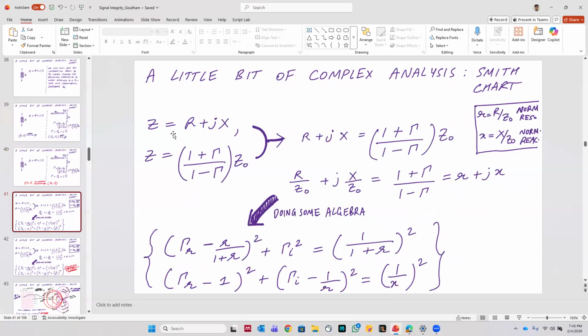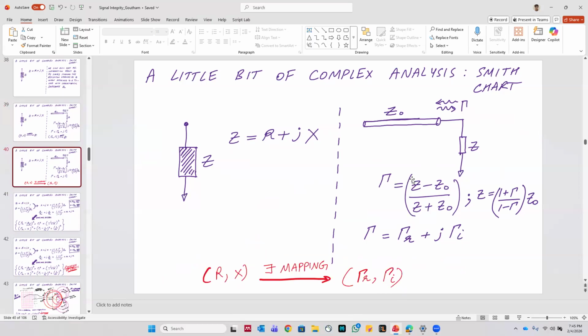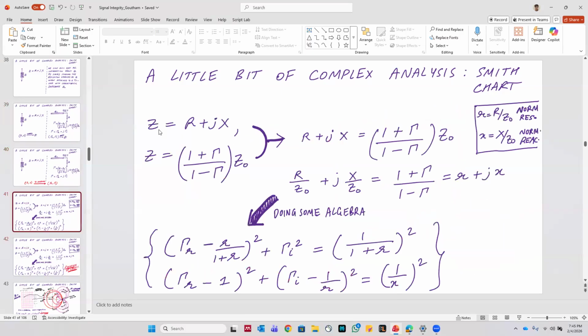So how are you going to do this? Remember that Z is R plus jX, but from this expression we can also calculate Z in terms of gamma. So Z is (1 plus gamma) by (1 minus gamma) times Z naught. So we have two expressions for Z: R plus jX, or this. You can equate them, and then if you equate the real and imaginary parts and rearrange, you get two expressions.